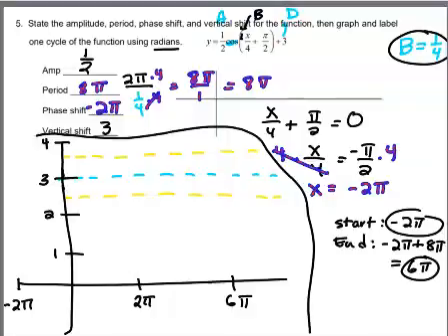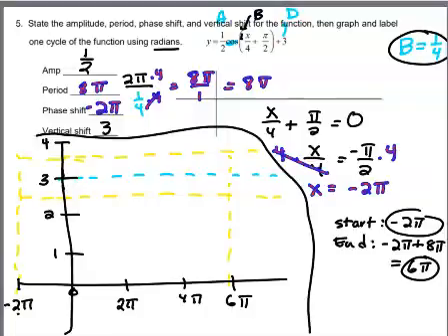Halfway in between negative 2 and 2 pi is 0. So you can see my scale is anything but perfect. Maybe I can move that over just a little bit. Actually, that's pretty good. Just moving that one over made it a lot better. But we are going to start at negative 2. We're going to end at 6.